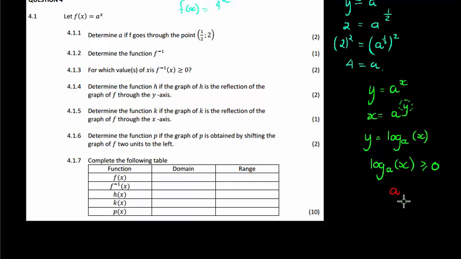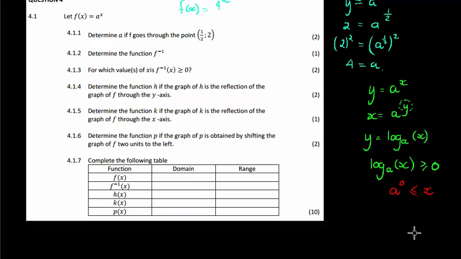A to the power of 0 is equal or bigger than x. So now we want to know which side must go which way, and it would go in the direction of x. So x will be greater or equal to.